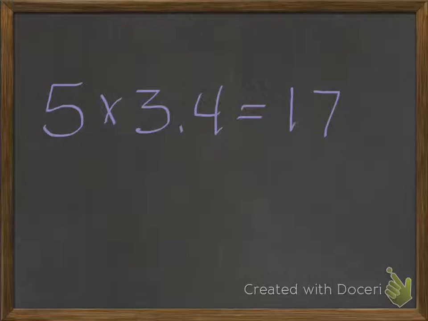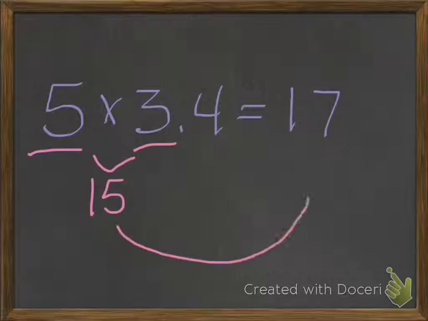Well, if I look at just the whole numbers, 5 times 3 is 15, and that is pretty close to 17, the number that we're given. 1.7 would be really far away, and 0.17 would be very far away. So my answer is going to be 17, the decimal point should go right there. 17.0 is probably the right answer.